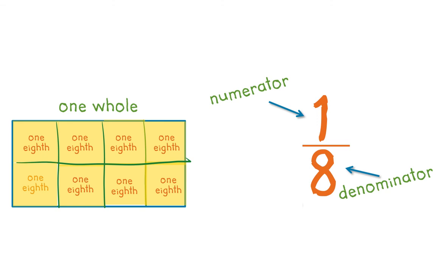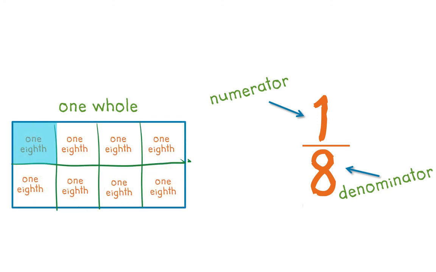I write 8. So my fraction is 1 divided by 8. 1/8. This is a numerator and this one is a denominator, and my fraction is 1/8.